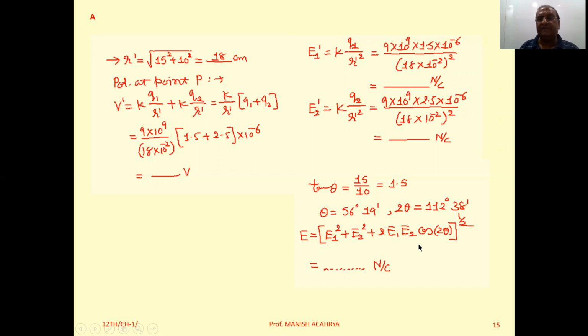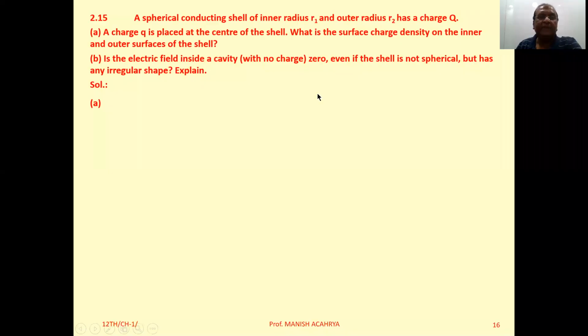And then after solving this one, you will get the resultant electric field at point P, which is at 10 centimeter from the midpoint on the plane perpendicular to the line joining those two charges. Clear to all of you?